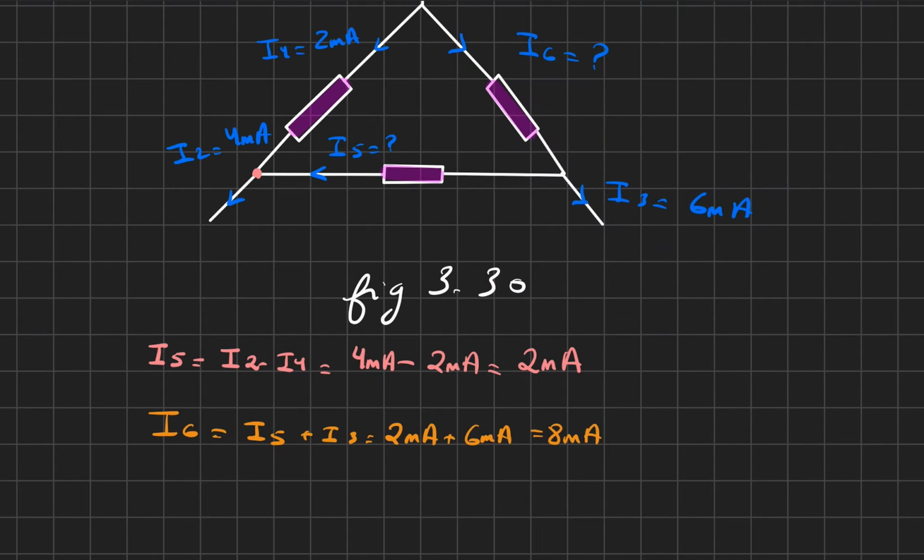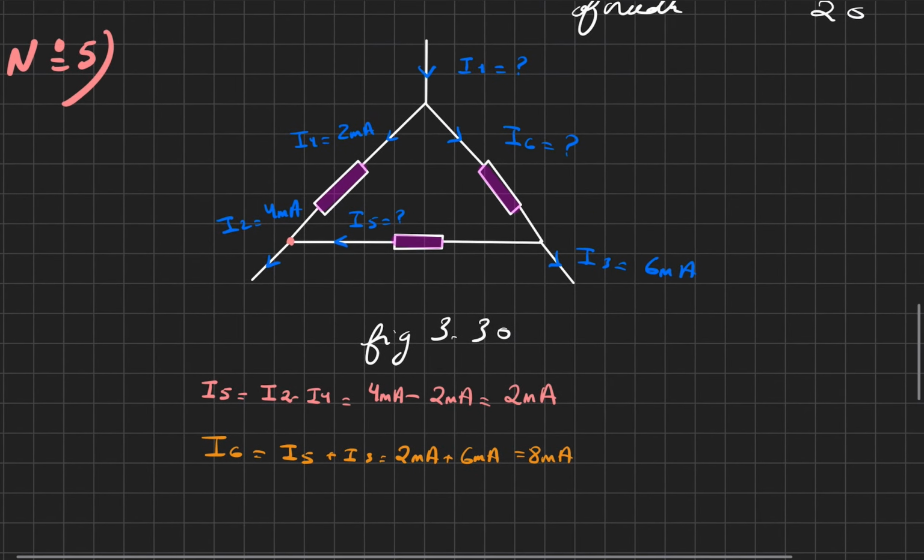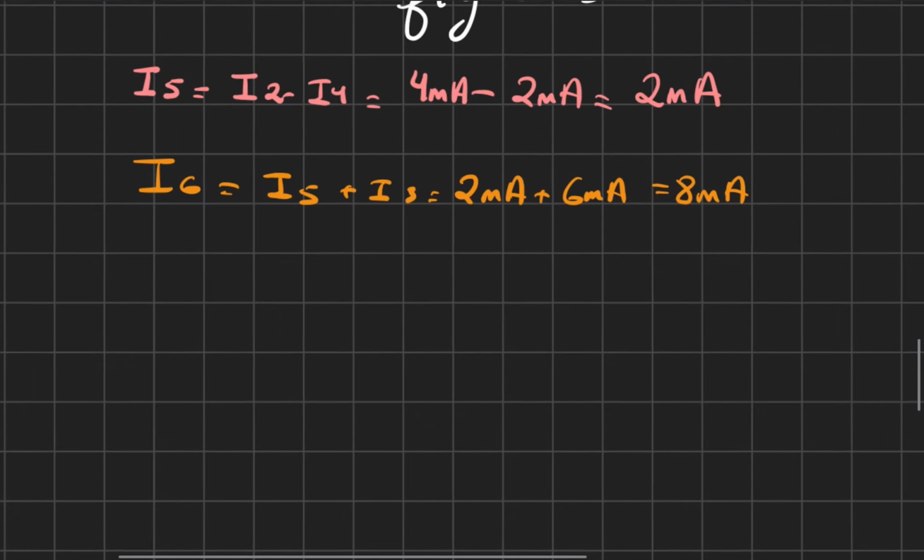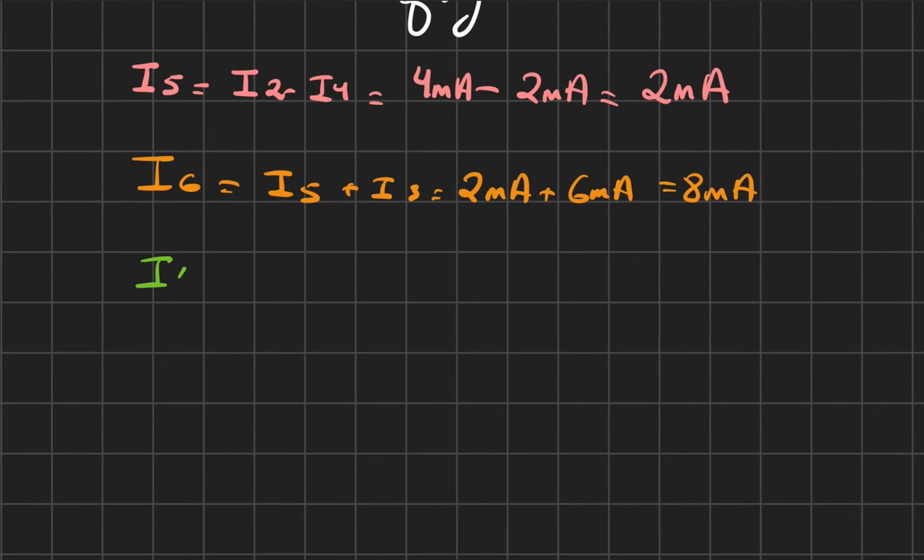Okay, now let's use a different color, green. We need to find I1. We already have I6, we have I4. The current I1 branches into these two currents here, 2 and 8. So I1 is simply I2 plus I6.